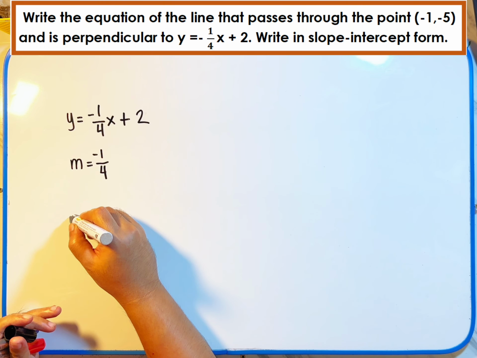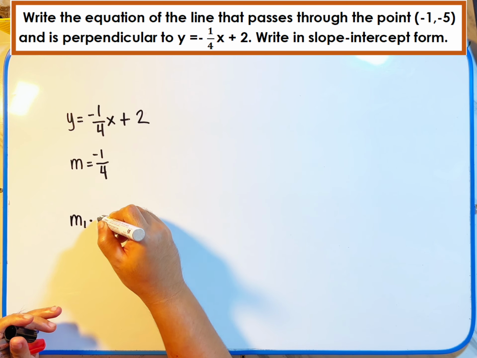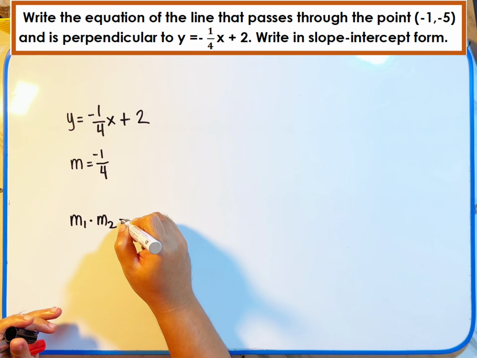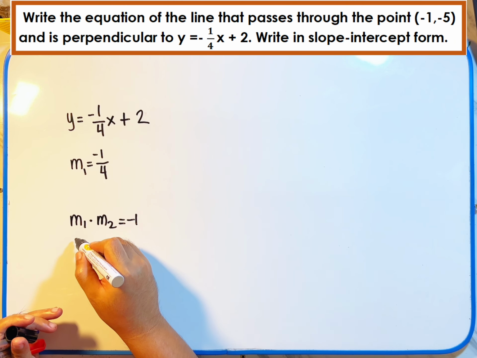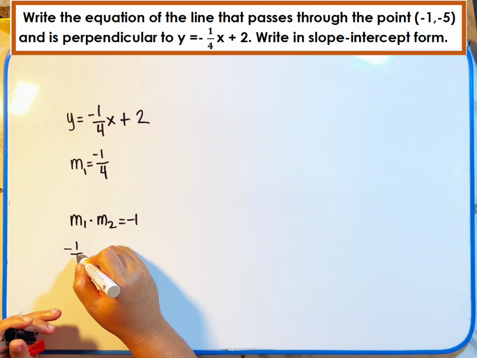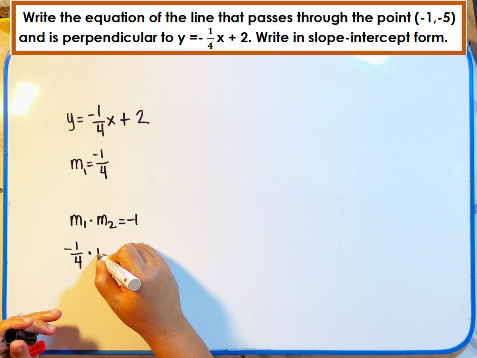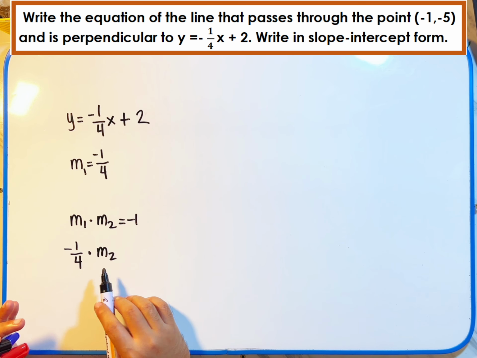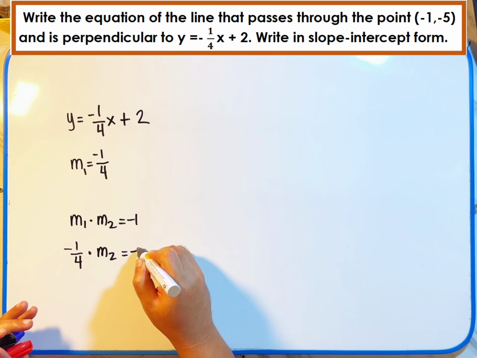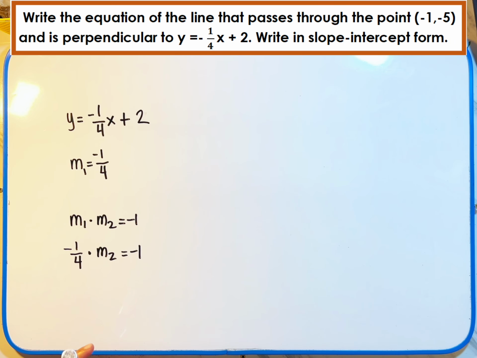As we remember, the product of the slopes of perpendicular lines is equal to negative 1. So let's say this is m1. Let's substitute negative 1/4 times m2, and let's say m2 is the slope of our required line, equals negative 1. Then let's solve for m2.